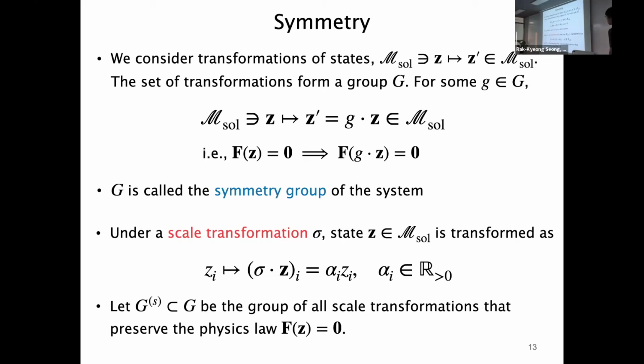And this group G is called the symmetry group of the system. Among various kinds of symmetries, we are going to particularly consider a scale transformation, under which each component Z_i is going to be multiplied by a positive factor. And let's denote the group of all the scale transformation symmetries as G^S, which is the subgroup of this whole group G.